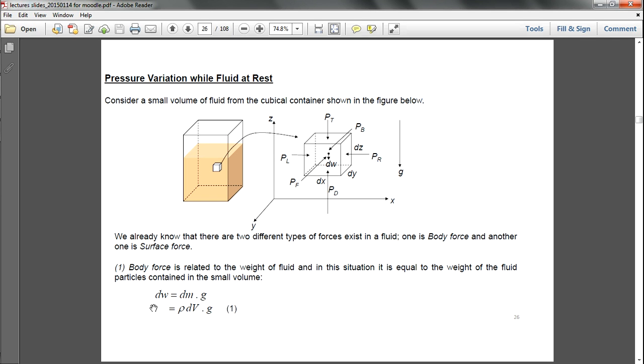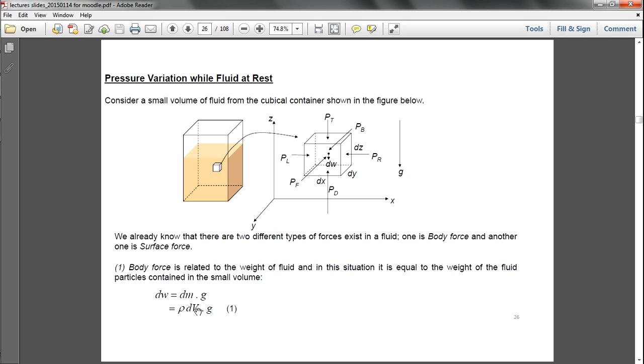So the body force itself, if you remember, is mg. But in our case, the mass is a small mass multiplied with the gravity. So the small mass can be rewritten as rho times dV, which is the volume.